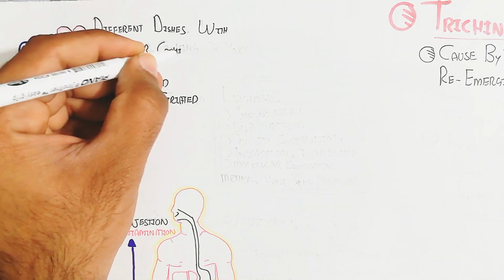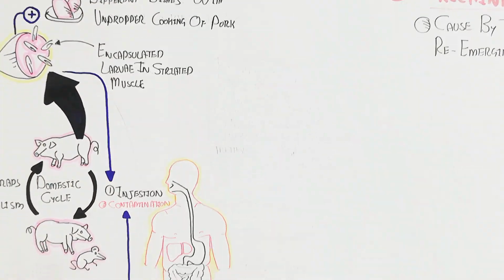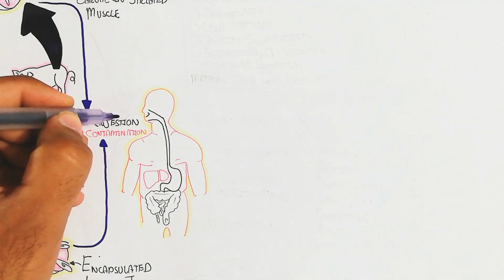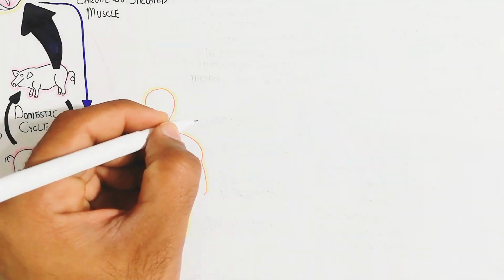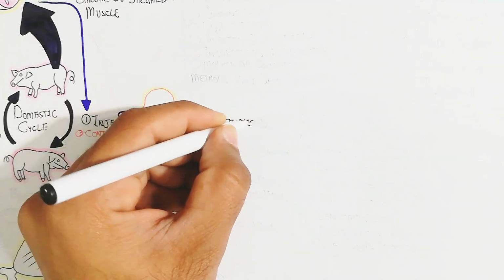Remember that improper cooking means the high temperature is not reached, so normal temperature will not kill these encapsulated larvae.